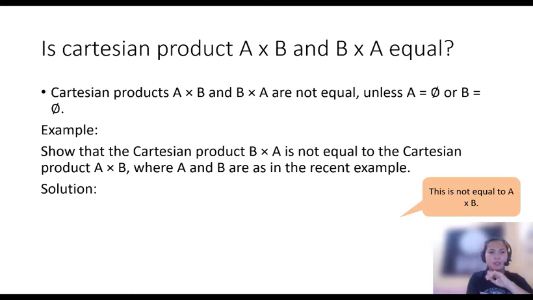Now, we have the question: are the Cartesian products A × B and B × A equal? The Cartesian products A × B and B × A are not equal unless A and B are empty sets. Let's have an example so we can prove their inequality. Let's show that the Cartesian product B × A is not equal to A × B, where A and B are as in the recent example.